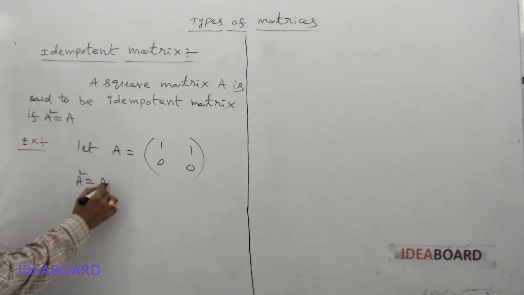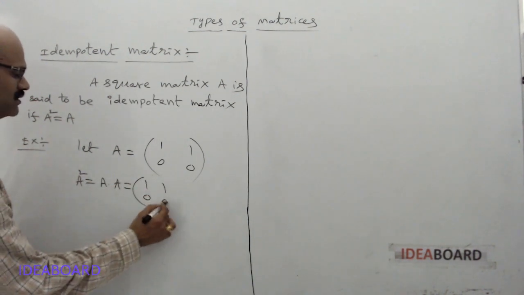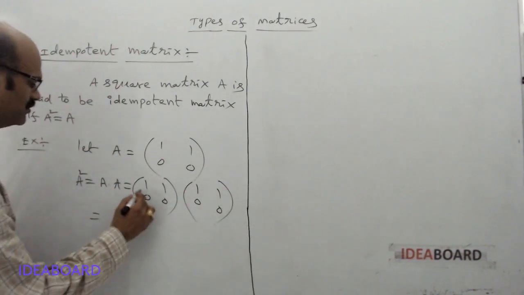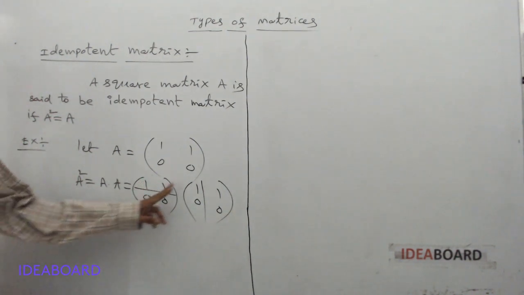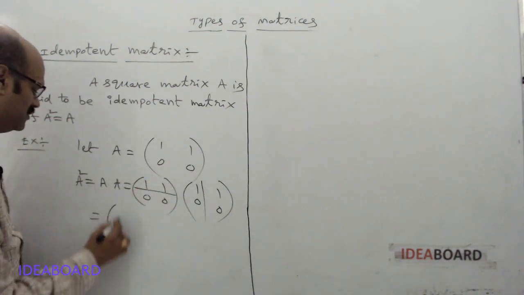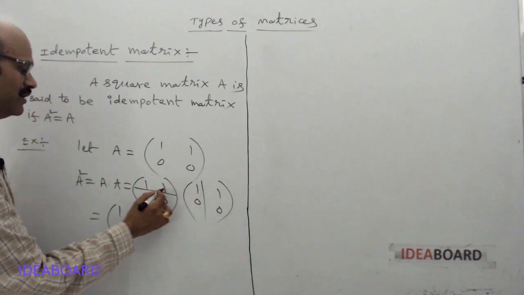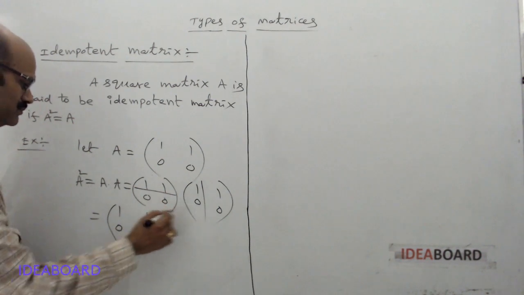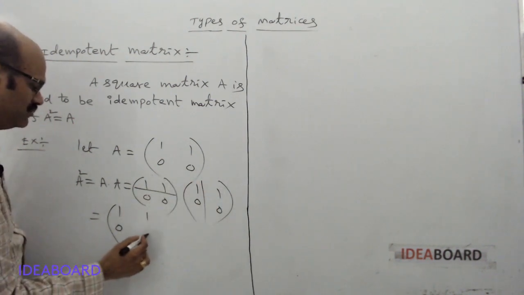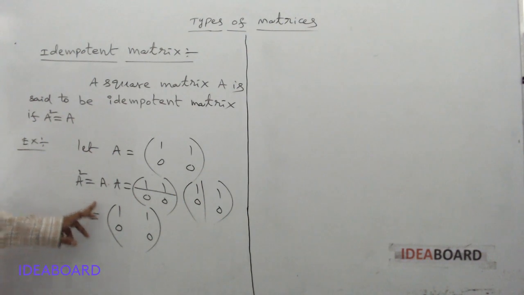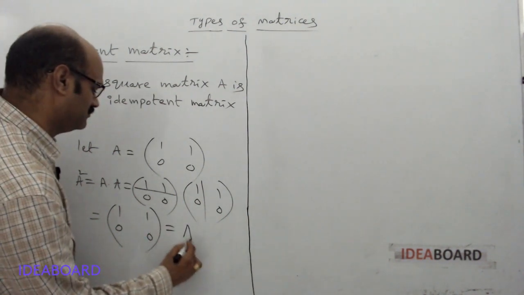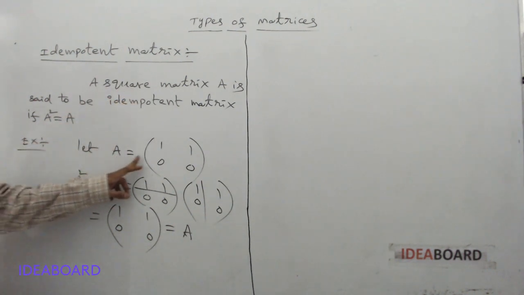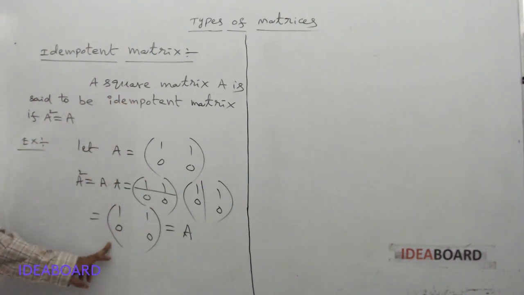A square equals A into A, which is [1 1; 0 0] times [1 1; 0 0]. Multiplying first row into first column and so on, we get A square equal to A. Therefore, the matrix A is said to be an idempotent matrix.